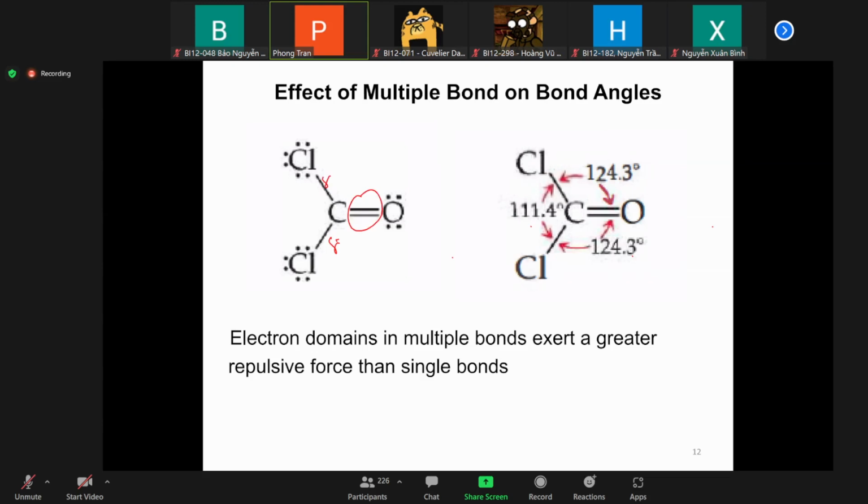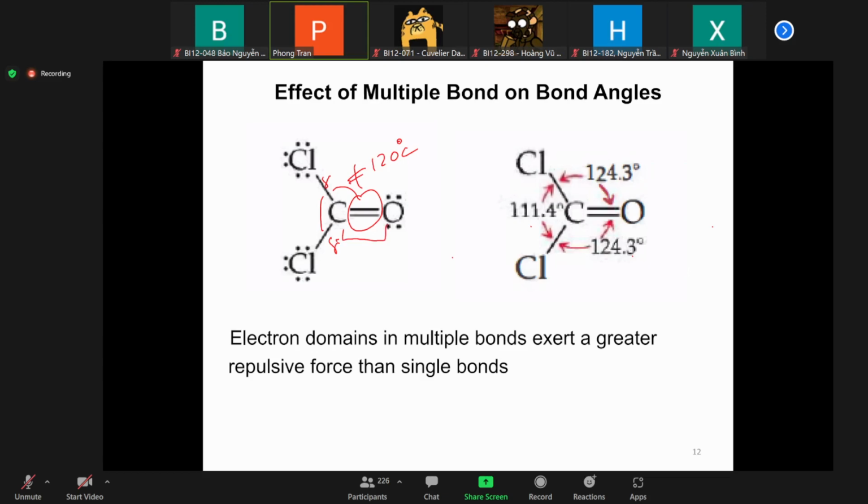So you can also expect these bond angles to be different from the perfect 120 degrees, right? Because when you have a double bond, that means you have a single bond and a second bond, later we will understand as the pi bond. And you also understand that this bond is normally shorter than the single bond.